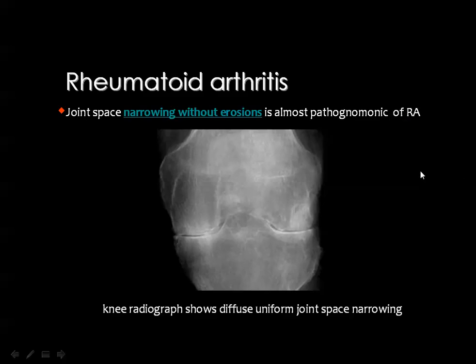Rheumatoid arthritis, as you all know, can also affect the large joints like the knee, the shoulder, the ankle, and so on. And one of the major manifestations of rheumatoid arthritis in these large joints is mere joint space narrowing without bone erosions in most of the cases, but sometimes you can see bone erosive change.